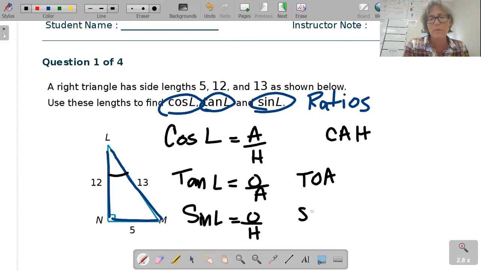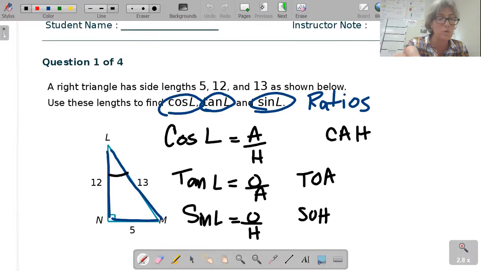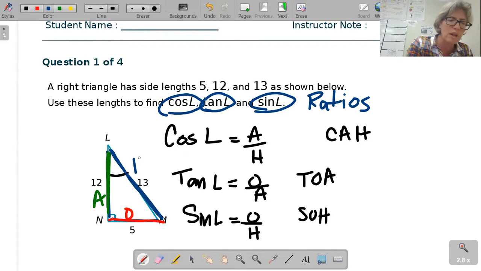So this is what you do. It wants the side lengths, use the lengths to find these ratios, and it's literally just the fractions, folks. You don't even have to get it down to a decimal. So for example, the adjacent to L is right there, your opposite is right there, and your hypo is right there.